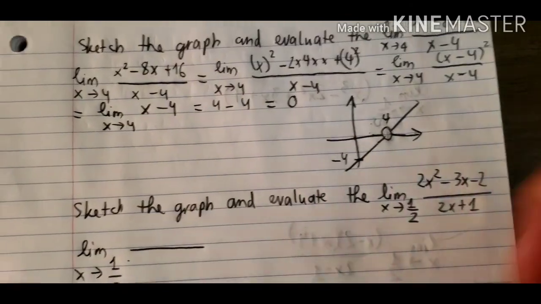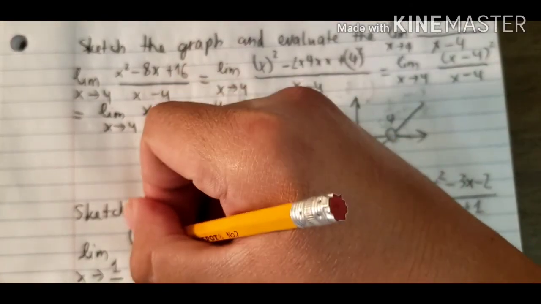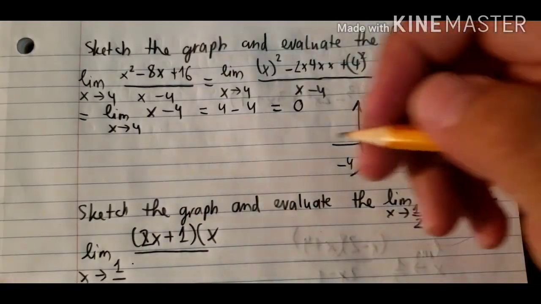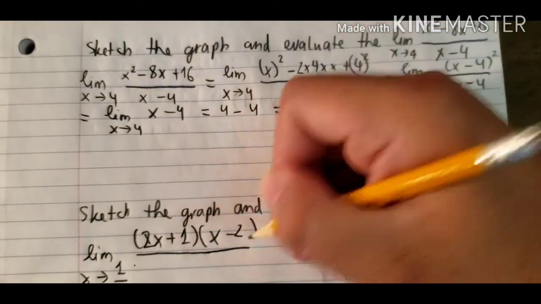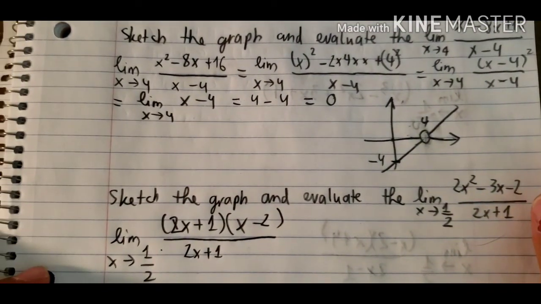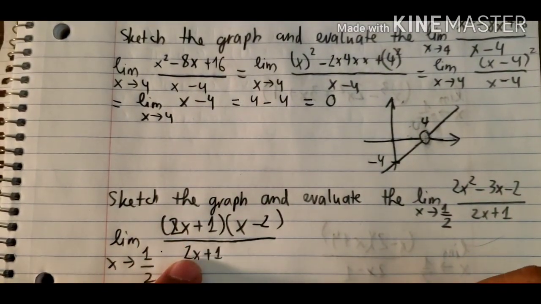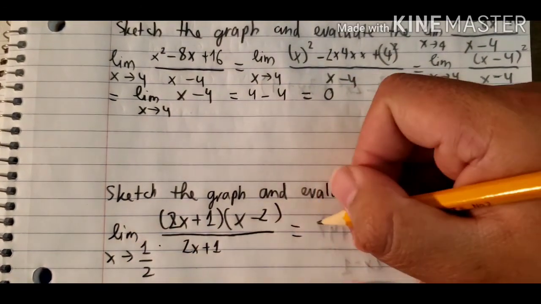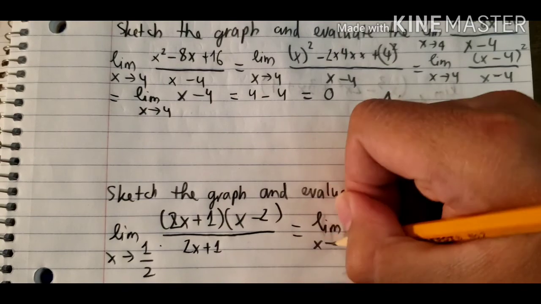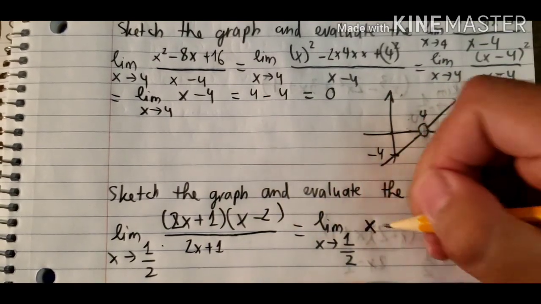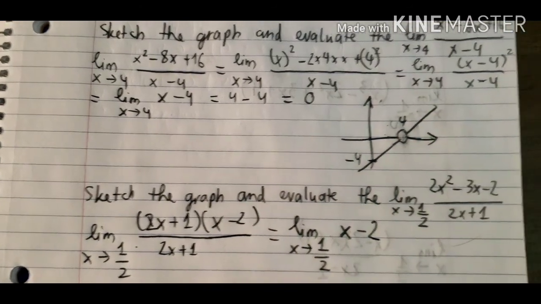We can see that it is 2s plus 1 and s minus 2, 2s plus 1. So we can simplify the factor. And we got s minus 2.